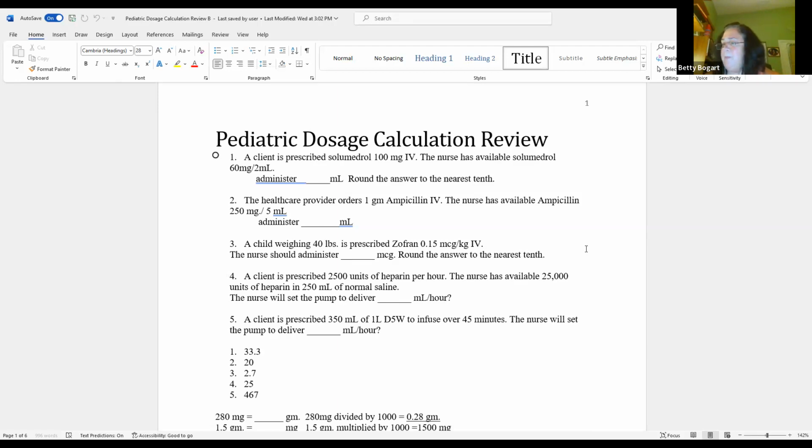So it's prescribed 100 milligrams to be given. And the nurse has available, so you have 60 milligrams, and it's in 2 mLs. Now, let me go here. So we have 100 milligrams.